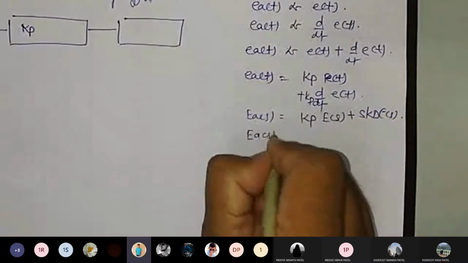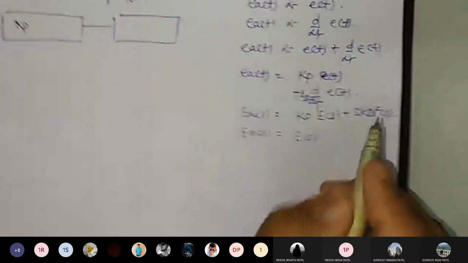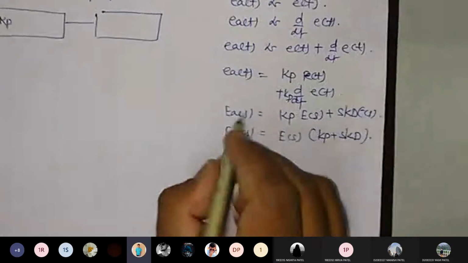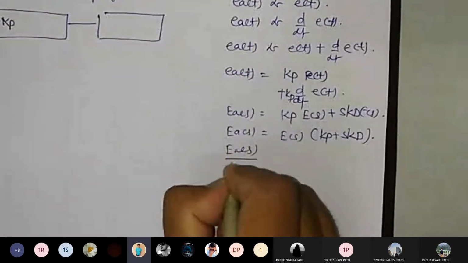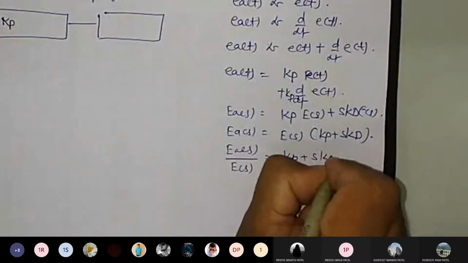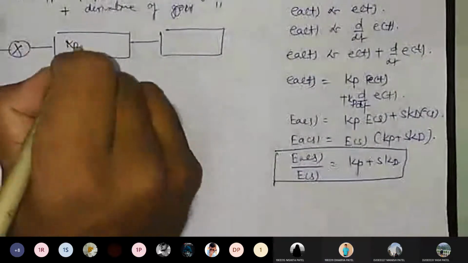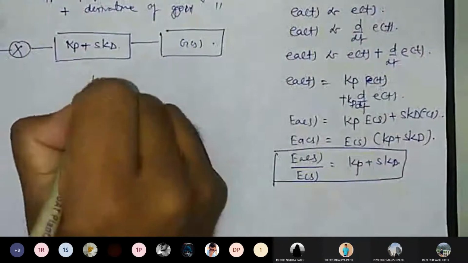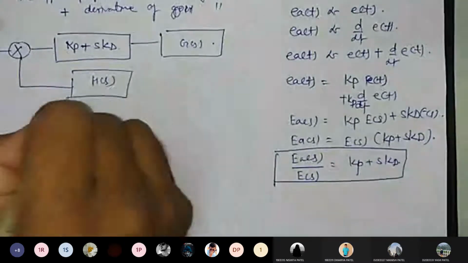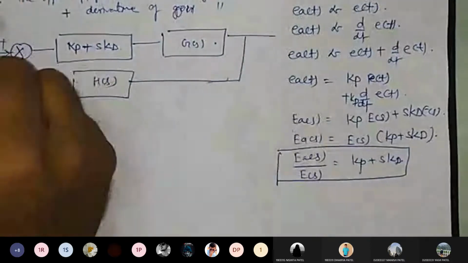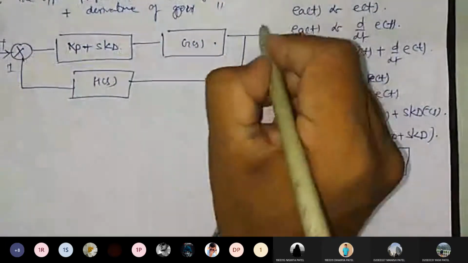Taking E of s as a common quantity, it will be Kp plus s Kd. So Ea of s upon E of s is nothing but Kp plus s Kd. So this will become Kp plus s Kd, with R of s.